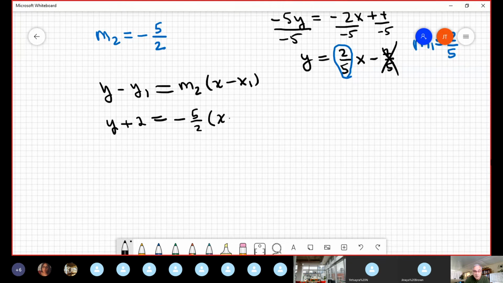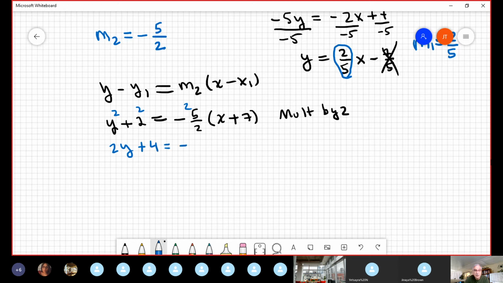Parentheses, x minus, but x1 is -7, so positive. And obviously, you multiply by 2, the whole thing, by 2, by 2, by 2. 2y plus 4, 2 times 2 is 4, equals negative 5, parentheses, x. You remove the parentheses, negative 5x, 35.